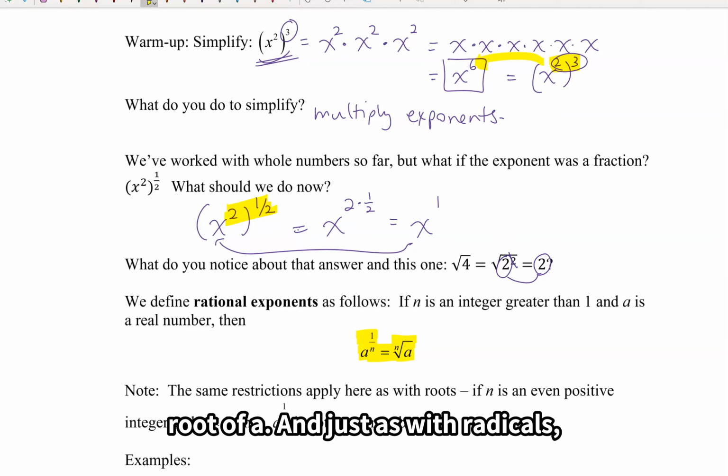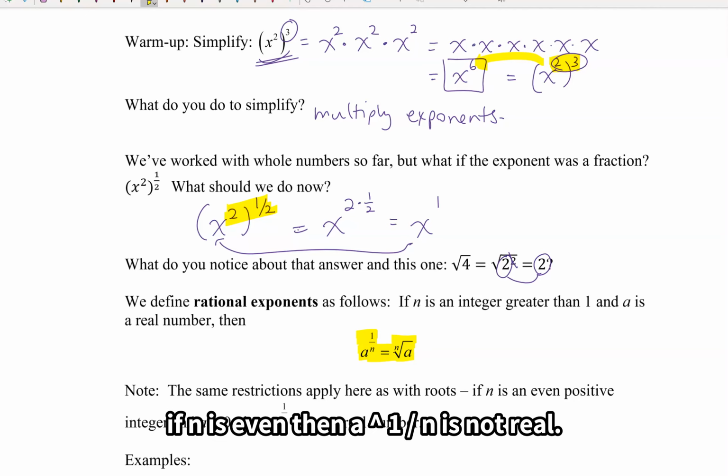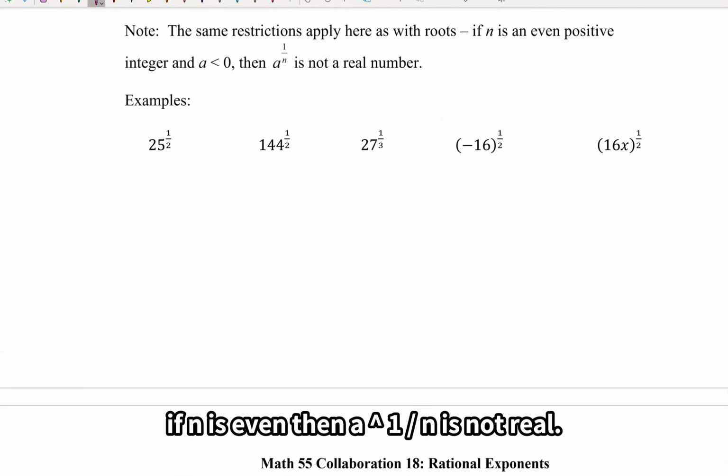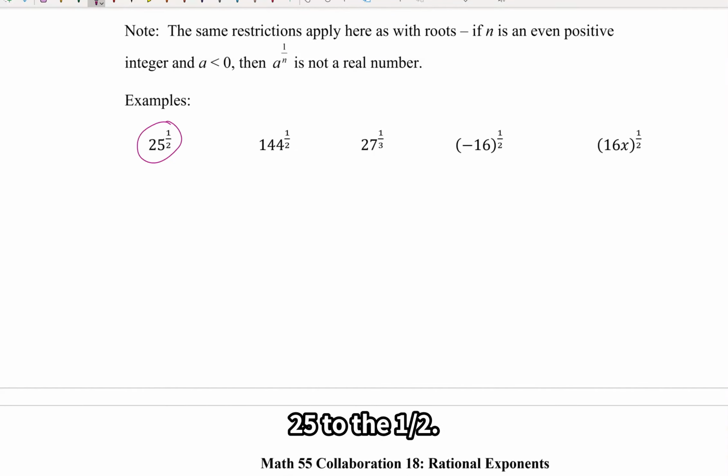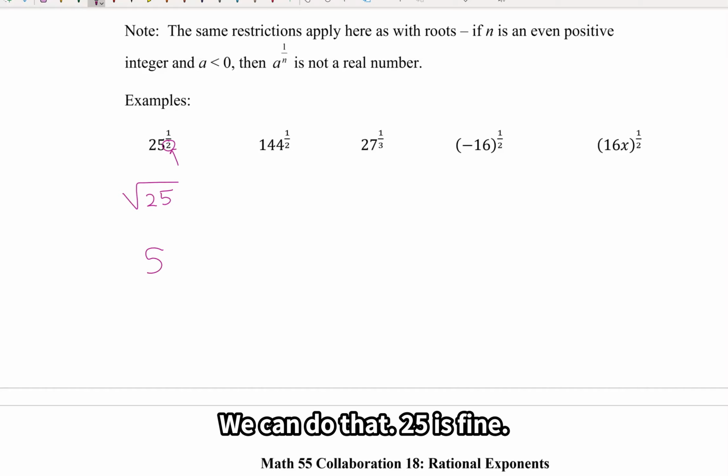And just as with radicals, if we have even roots, if n is even, then a to the power 1 over n is not real. Looking at some examples, 25 to the 1/2: that 2 in the denominator of the exponent means we're taking a square root. The square root of 25 is 5.